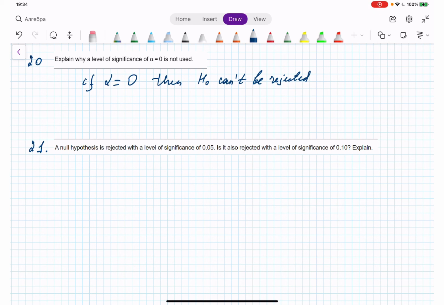Yes, it will, because the claim would be rejected since the p-value would be less than alpha, which is 0.1. The p-value is 0.05 and alpha is 0.1. Therefore, we would reject.